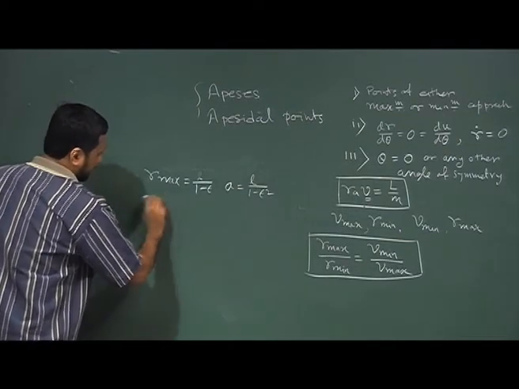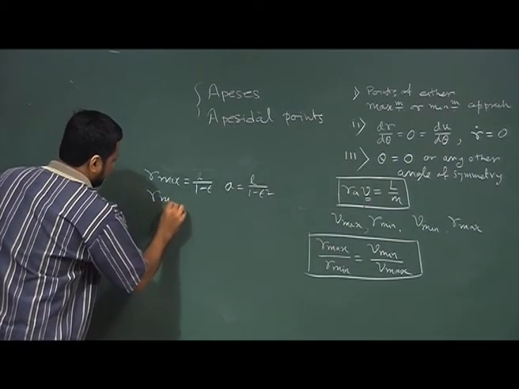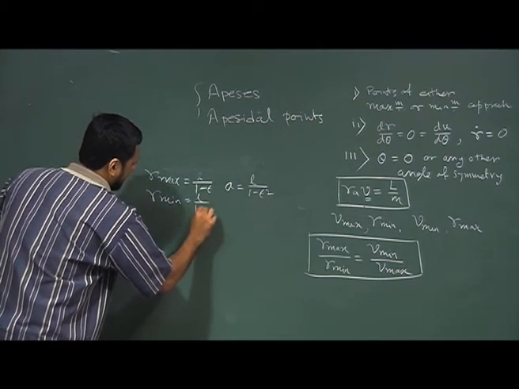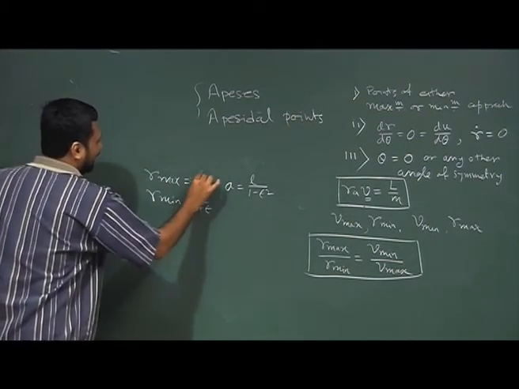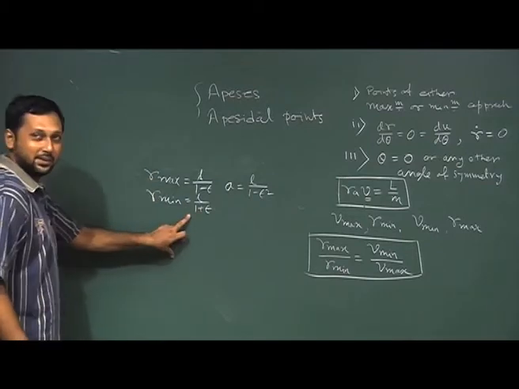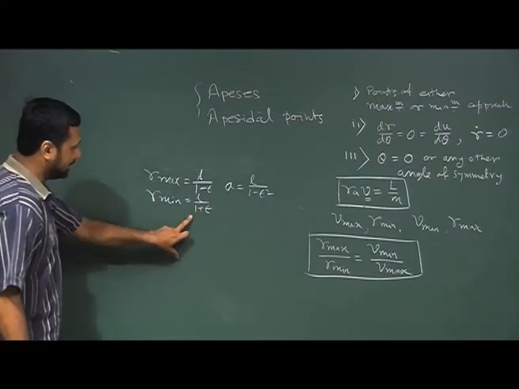Now, for this particular case, for an elliptical orbit, r_max and r_min are given by this expression.